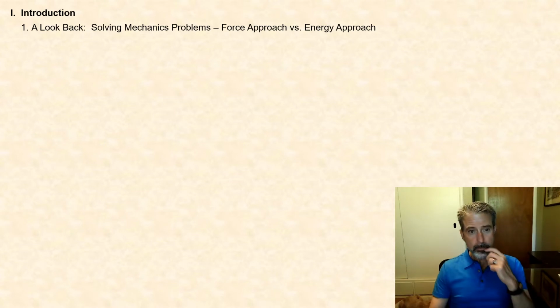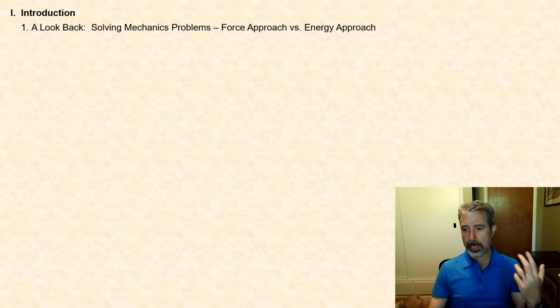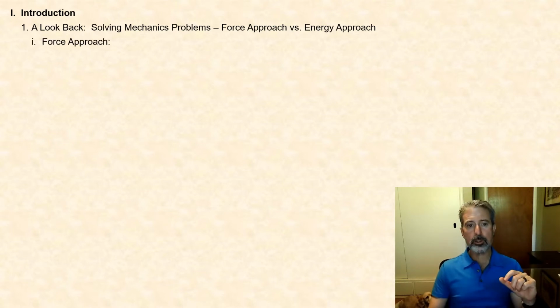So let's take a look at a review, a comparison of this force approach versus energy approach, and hopefully, you're not going to learn a whole lot of new information in this slide. You recall the force approach required that you knew the net force that acted on objects.